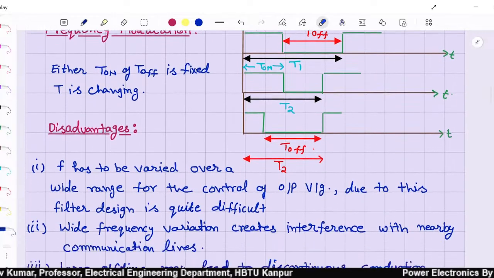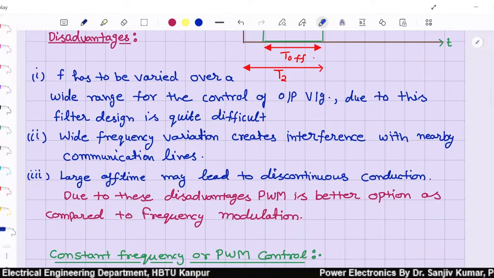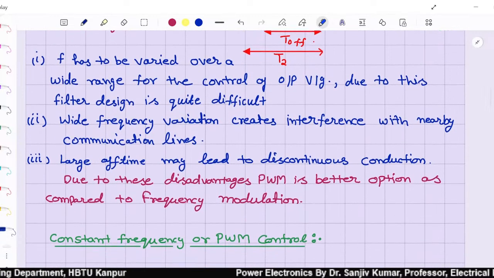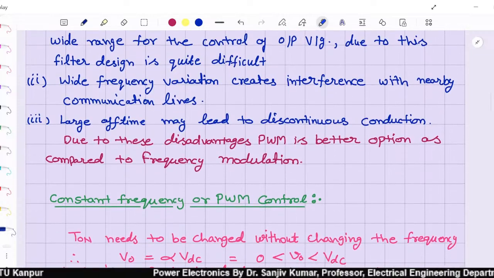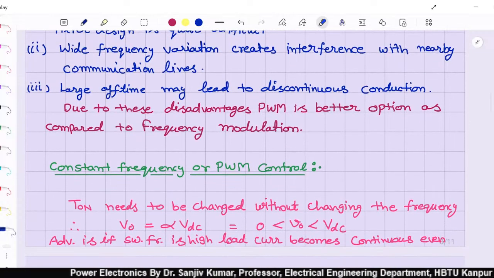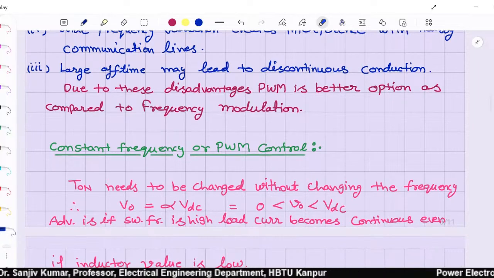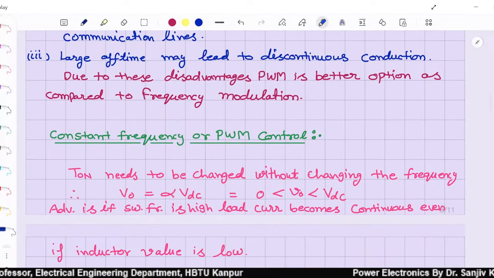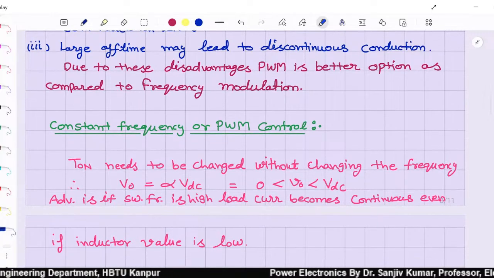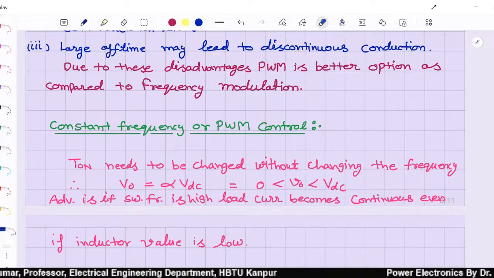So to avoid all this, we use constant frequency operation and change the width of the pulse, right? We change the width of the pulse, which means T on needs to be changed. The on period of the switch needs to be changed.